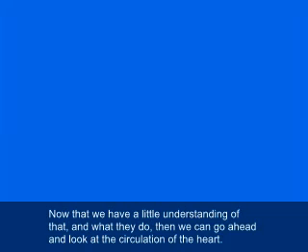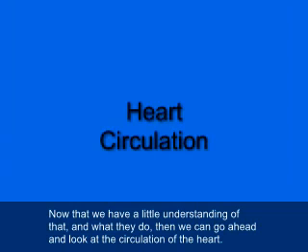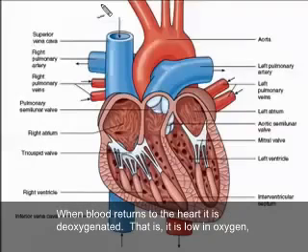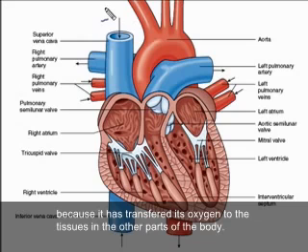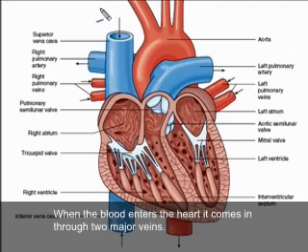And now that we have a little understanding of that and what they do, then we can go ahead and look at the circulation of the heart. When blood returns to the heart, it is deoxygenated. That is, it is low in oxygen because it has transferred its oxygen to the tissues in the other parts of the body. When the blood enters the heart, it comes in through two major veins.